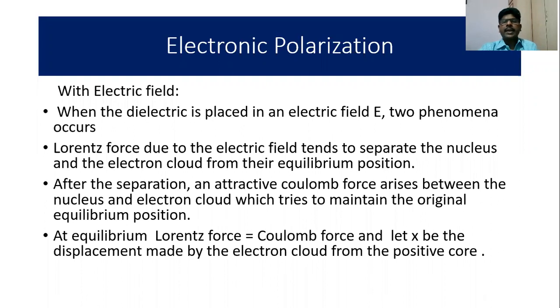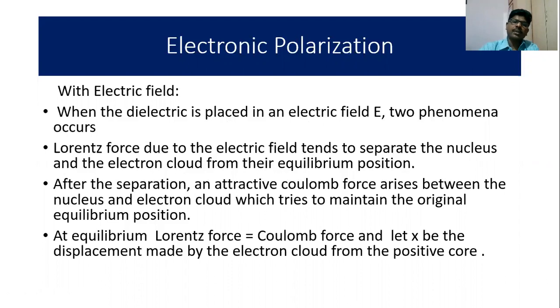When an electric field is applied, what happens? When the dielectric is placed in electric field E, two phenomena occur. Lorentz force due to the electric field tends to separate the nucleus and the electron cloud from their equilibrium position, that is, pull them away.